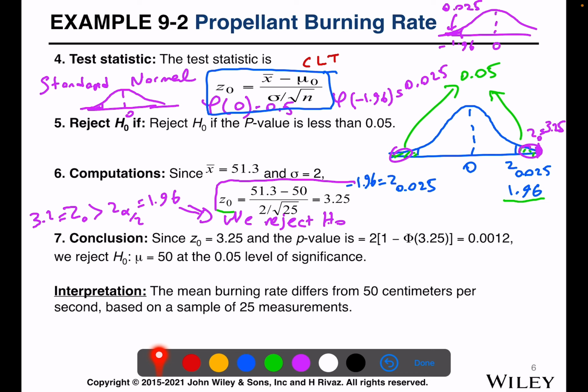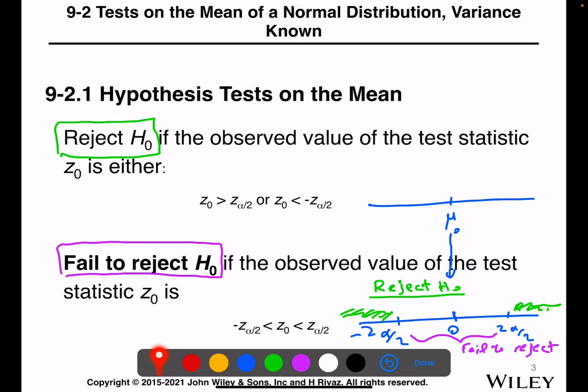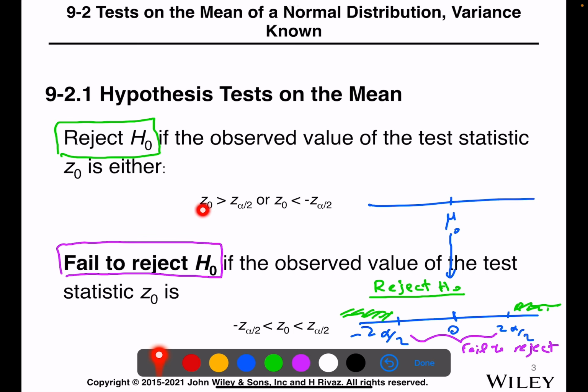I say my Z0 is more than Z of alpha divided by 2, and therefore we reject H0 because we are in the rejection zone. Done, right? So if I go back, I'm actually here. My Z0 is more than Z of alpha divided by 2. I'm here, and because of that, I reject H0.